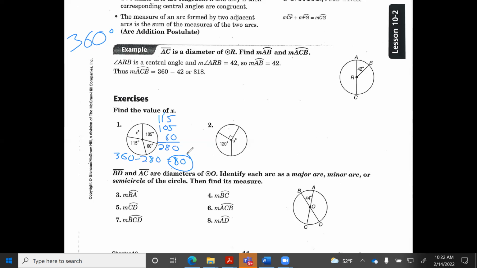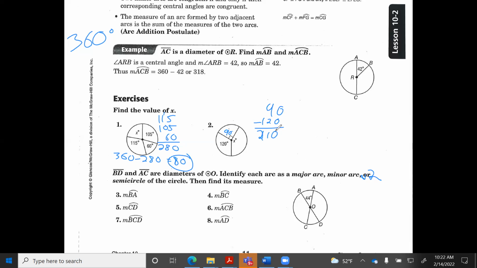On number 2, same idea. We got a 90-degree angle. All right, they didn't say 90, but they gave the right angle symbol. We got 90, we got 120. Add them together. So 90 and 120 is going to be 210.